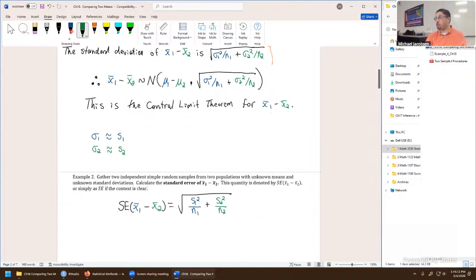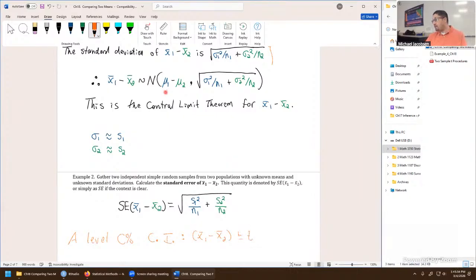A confidence interval would look like this. A level C% confidence interval, I'll just write CI for short, will be of the form: take x bar 1 minus x bar 2, because that approximates mu1 minus mu2, just the difference in sample means.